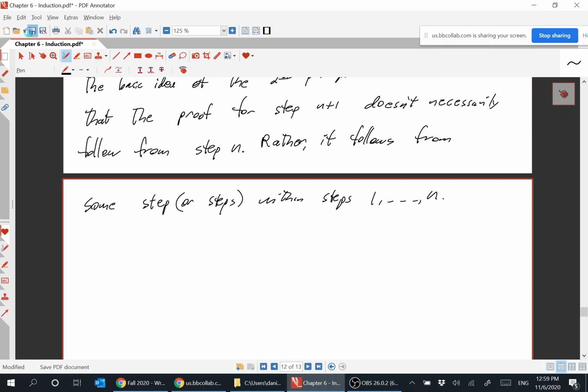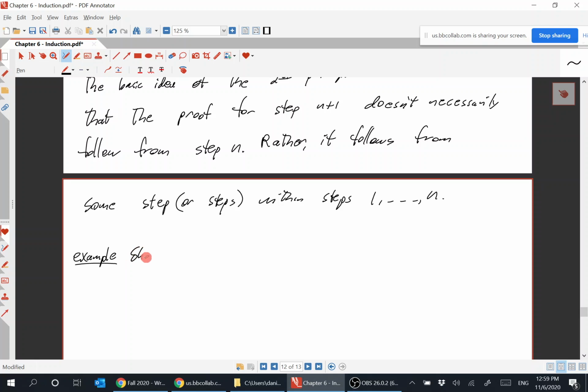The second principle is a little bit difficult to wrap your head around the first couple times you see it. But once you get used to it, it's really just the same thing. So the basic example, really the simplest example, is the following.